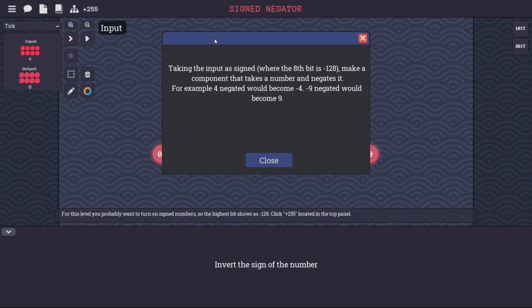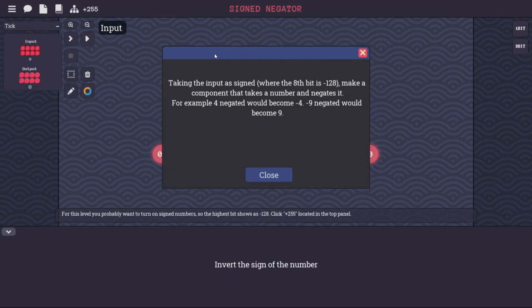The level says taking the input as signed, where the 8th bit is negative 128, make a component that takes a number and negates it. For example, 4 negated will become negative 4.